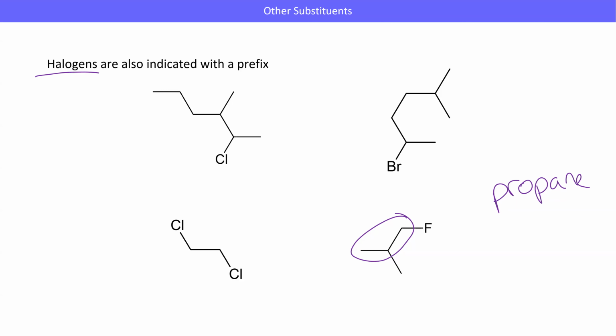Halogens are more important than alkanes, and as soon as we add alkenes or other functional groups, those are going to be more important than the halogens. It's not super important with these, the halogens and what we'll call the alkyl groups. An alkyl group just means an alkane branch. Alkyl groups and halogens are about the same priority.